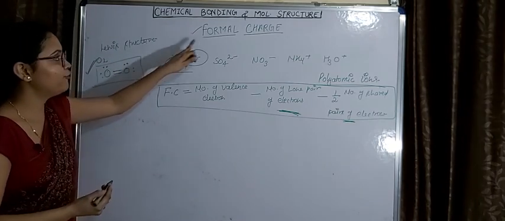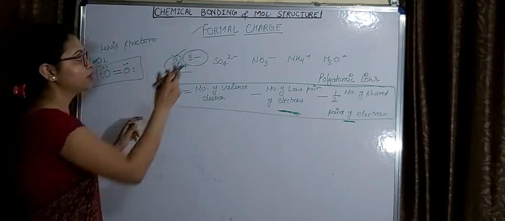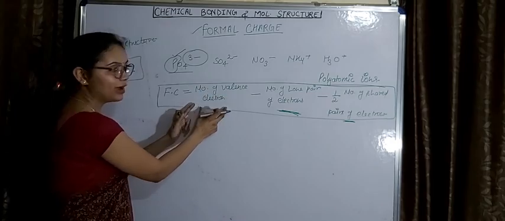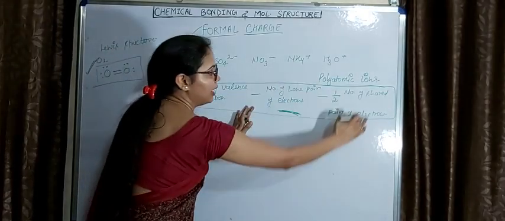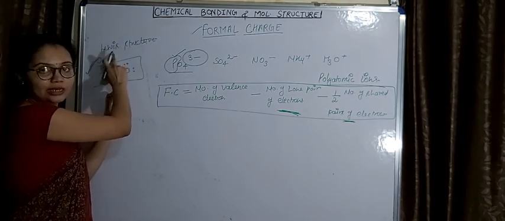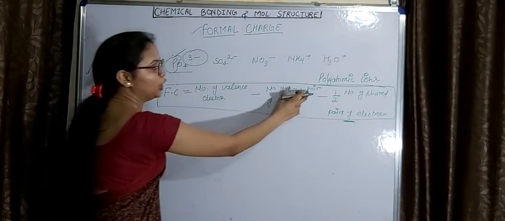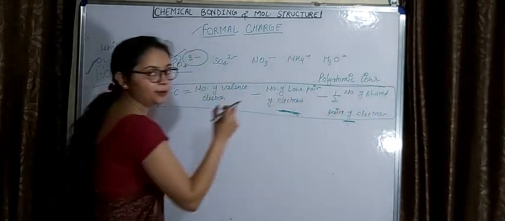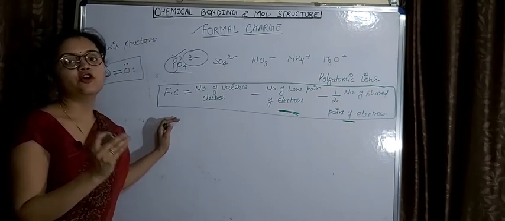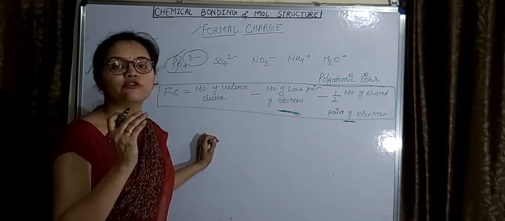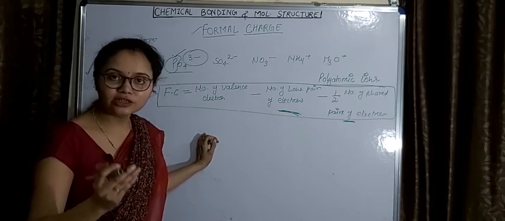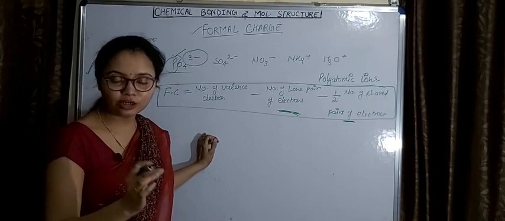So by this fact we can define the formal charge like that. Formal charge is the difference of number of valence electrons and the number of electrons which we represent in Lewis structure. Means we are talking about lone pair of electrons and shared pair of electrons. Okay, so this is the definition of formal charge, that formal charge is the difference of valence electrons and the number of electrons which we show in a Lewis structure.